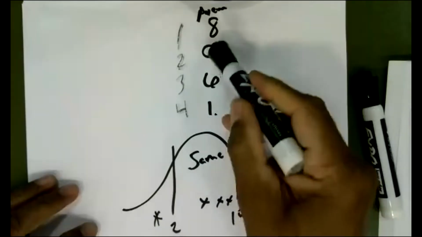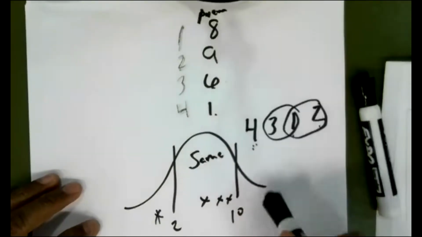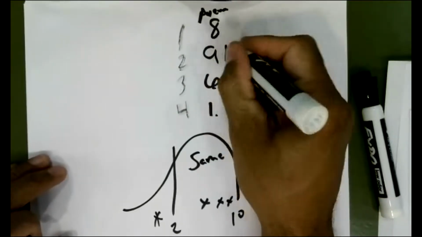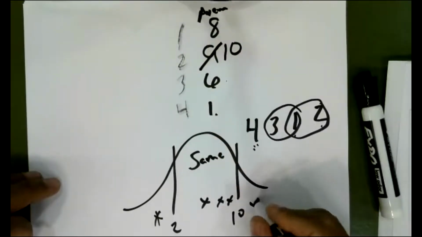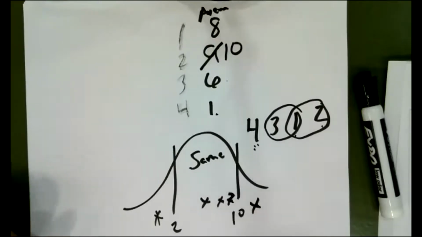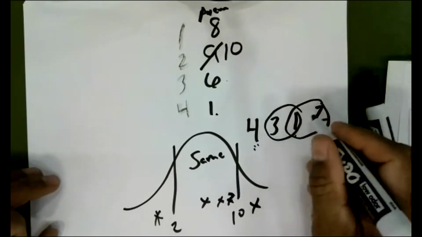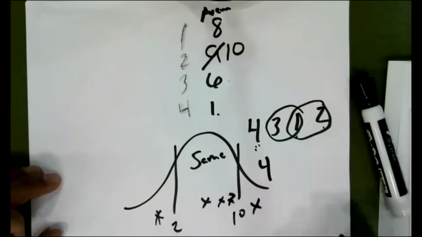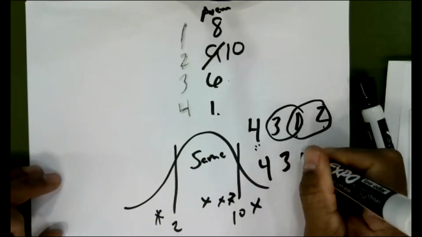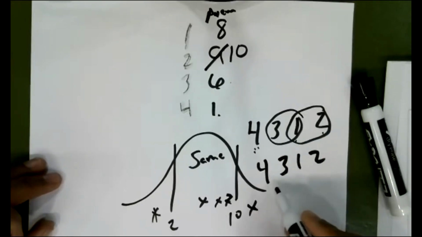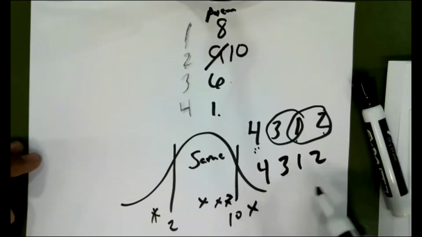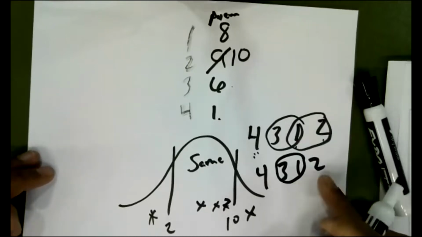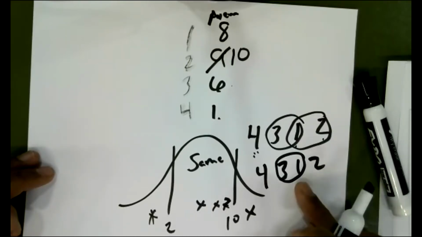Now, if we had one of them in here, instead of 9, if it was 11, then it would be out here. Imagine 2 was 11 instead of 9. Then perhaps it would be 4, 3, 1, 2, and we'd say 4 is different than 3, but 3 and 2 are the same, but 2 is different than 1.